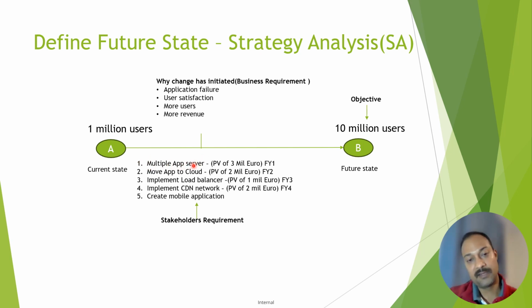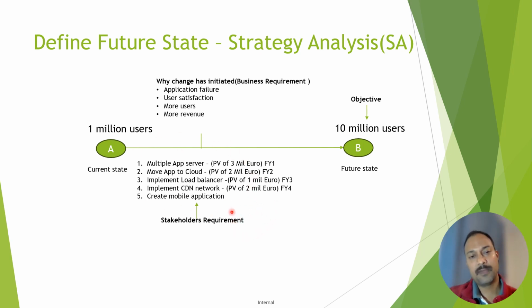That should not happen. So we have to take a consensus. Based on that consensus, we generally prioritize the requirements, and that goes like 1, 2, 3, 4 kind of ranking, negotiation, or grouping. These are the ways of prioritizing the backlog. So that way we prioritize and then we work accordingly. Each future state has its own potential value and value for the stakeholders as well. So that way we look at it.